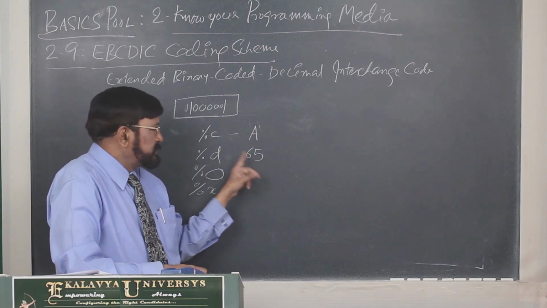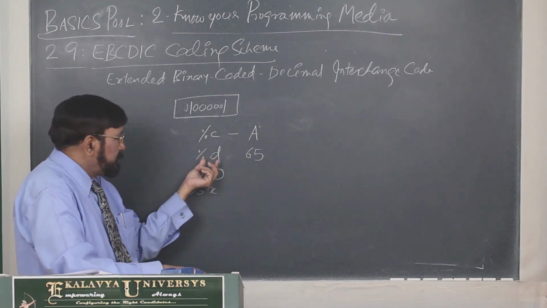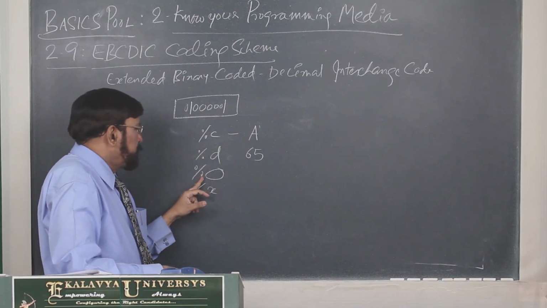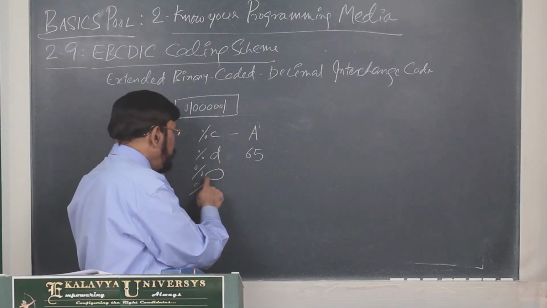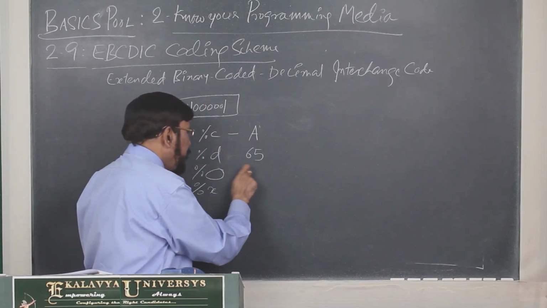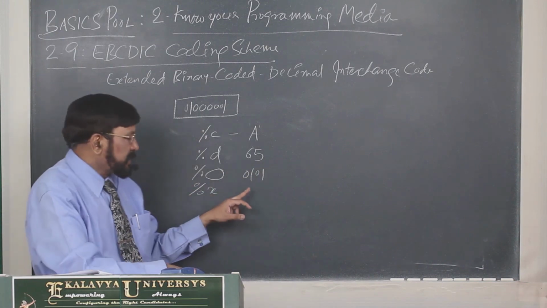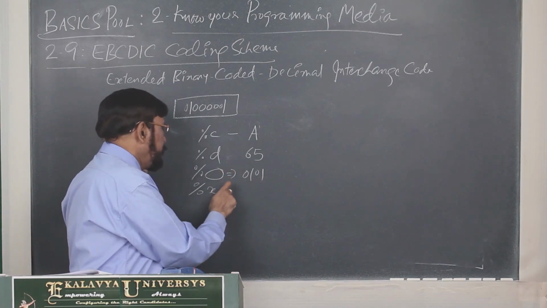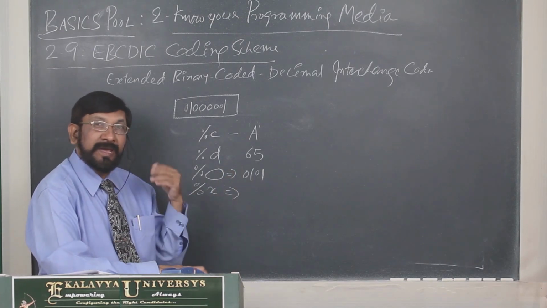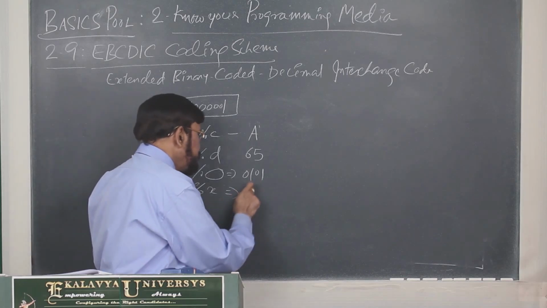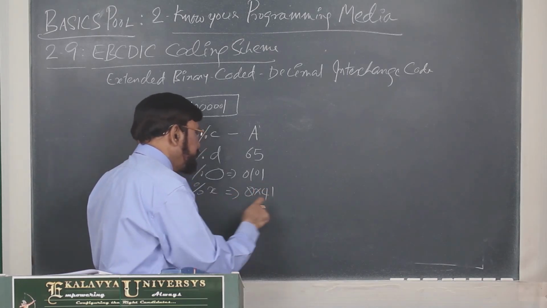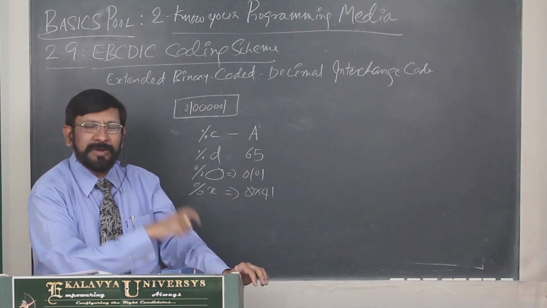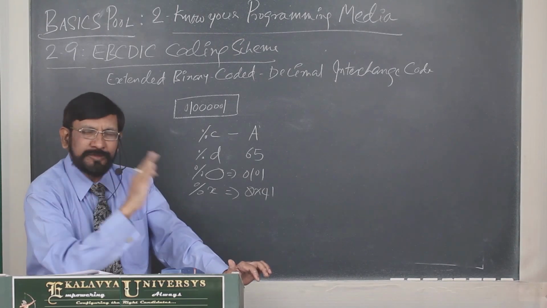With %o, you want to see this bit pattern in octal format, so the corresponding octal value is printed. And %x represents hexadecimal format, so this is the hexadecimal equivalent. By this example, you can have a clear idea.